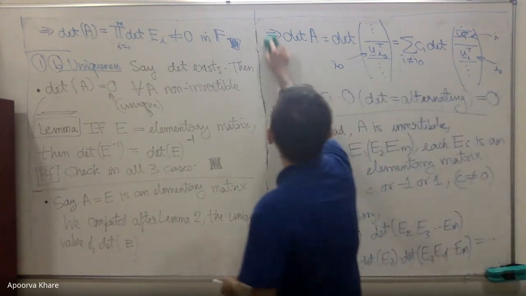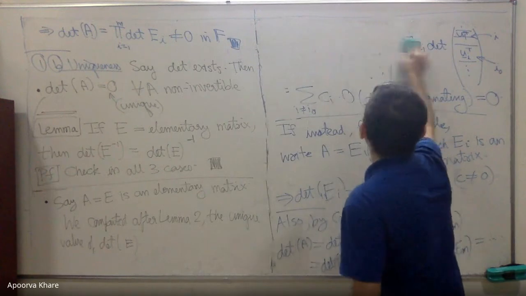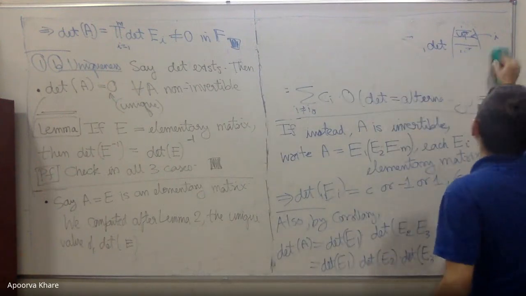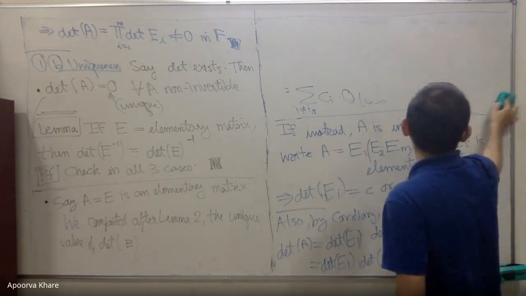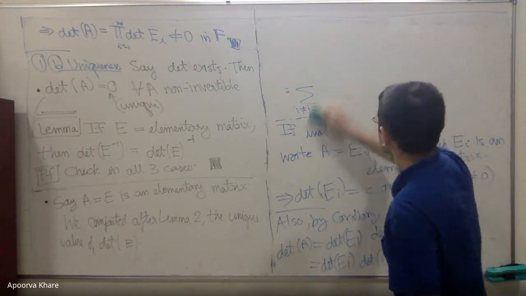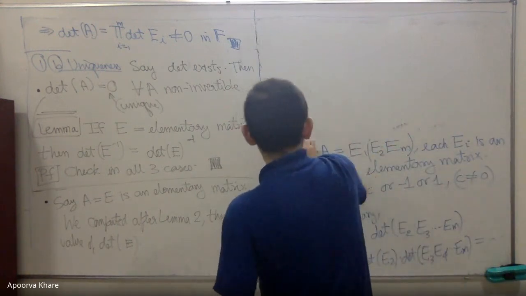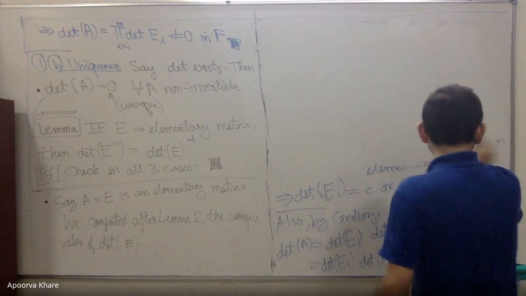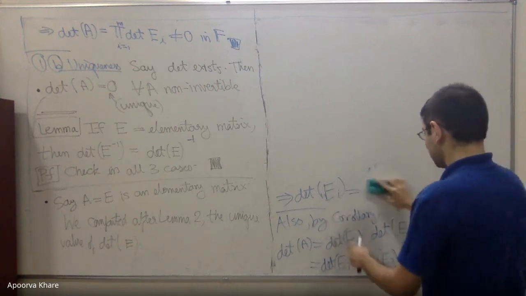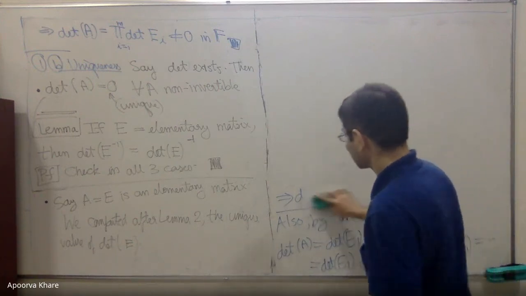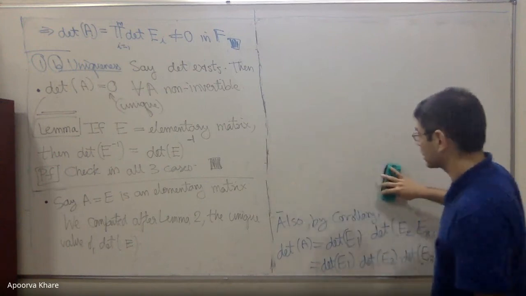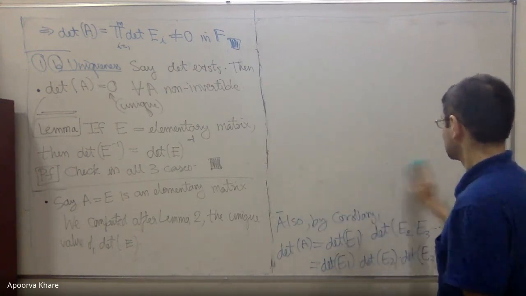And now, the determinant of anything else, a general non-singular matrix, I will write this down using the fact that an invertible matrix is a product of elementary matrices, right? So I'm going to do that.